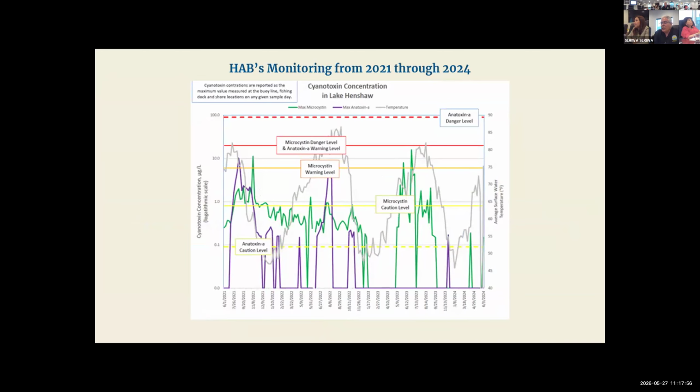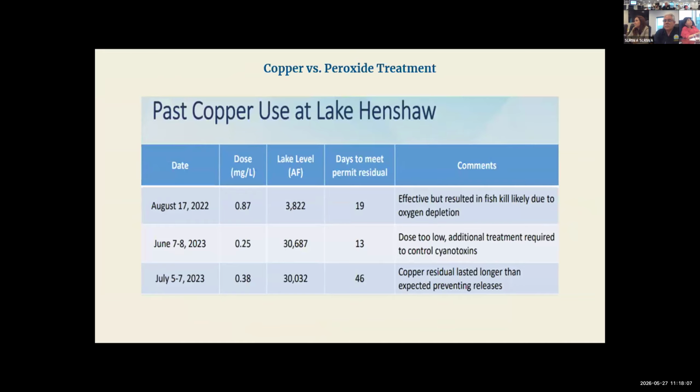In June 2023, total microcystins concentrations were above caution and warning levels. As a recommendation from Dr. Caron and through the persistence from the La Jolla Band, peroxide treatment was preferred over copper.